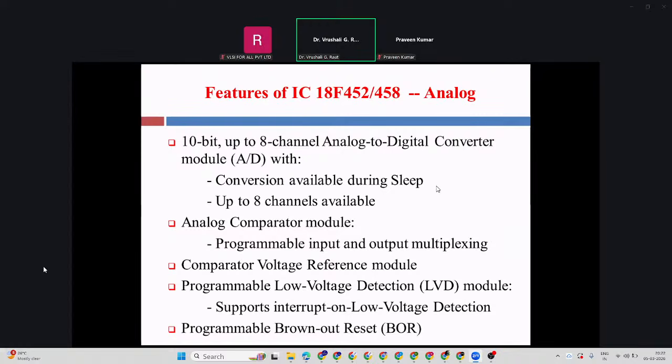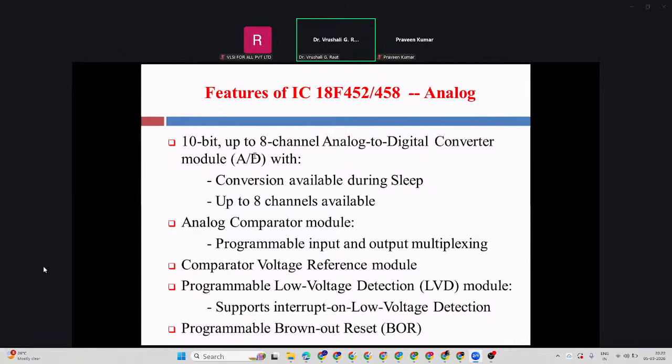When the microcontroller is sleeping, during its sleep time, this conversion is happening. Means we are not adding any delay to our program during the sleep mode.